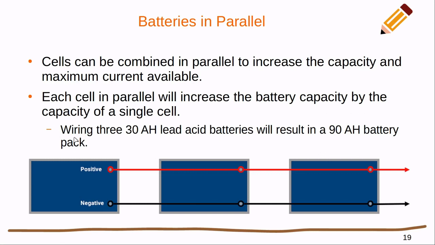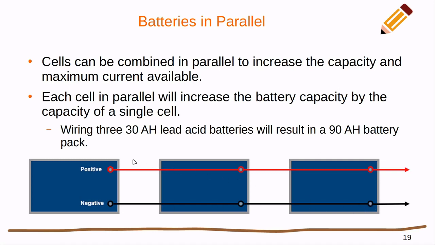So for instance, wiring 3 30 amp hour lead acid batteries will result in a 90 amp hour battery pack. All right. So what I'm doing here is, instead of connecting the cathode to the anode, I'm going to connect the cathode to the cathode to the cathode, and I'm going to go through here.